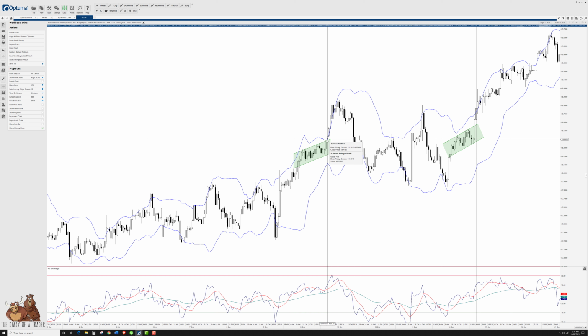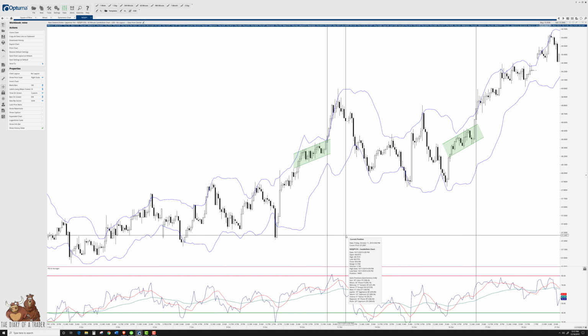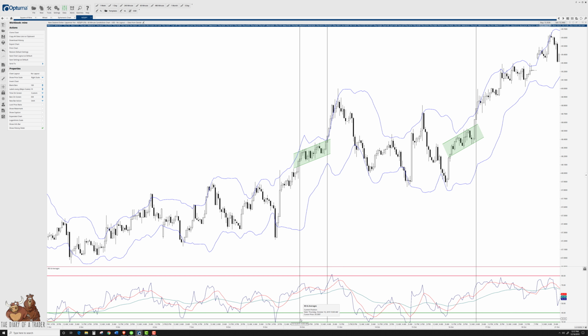The RSI is at 70, or just a hair above 70. The vertical line identifies the point in the RSI when we saw the close of this hourly candle break out above the ascending channel and the Bollinger Bands.